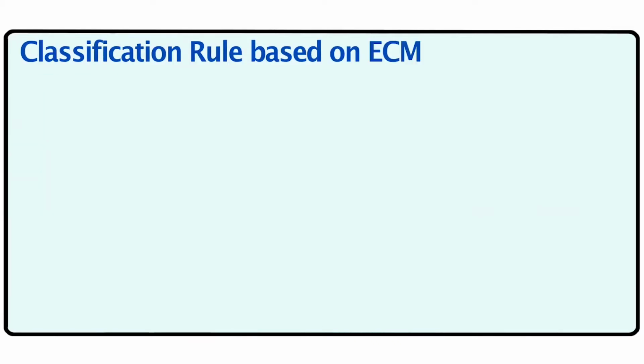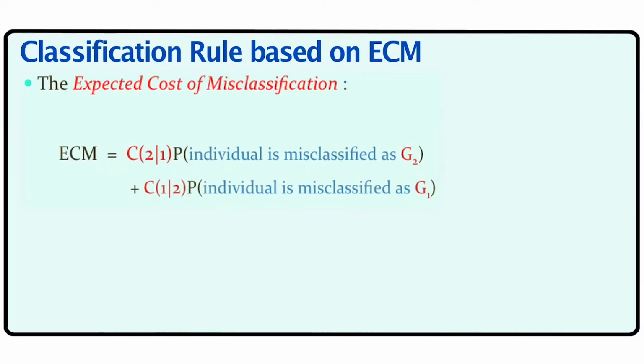Now a classification rule based on what is referred to as the expected cost of misclassification is given this way. First we need to find the expected cost of misclassification.